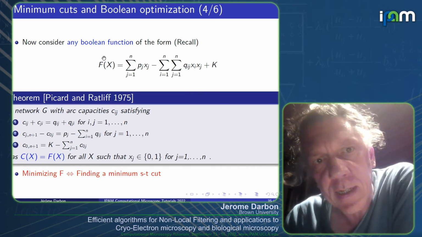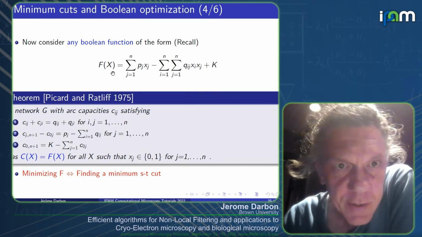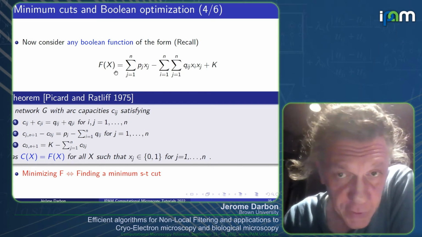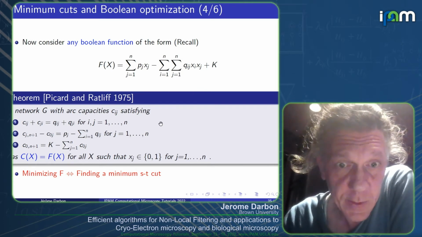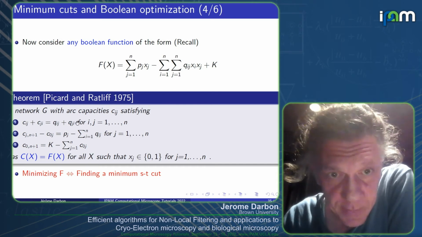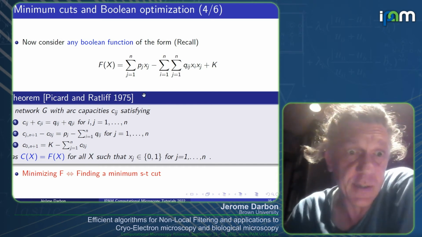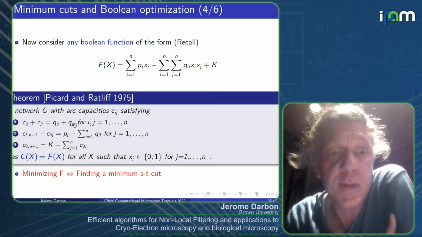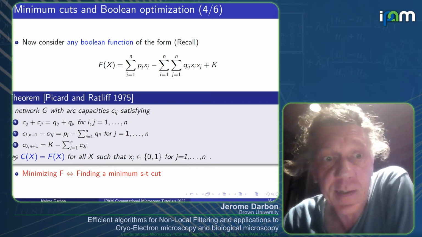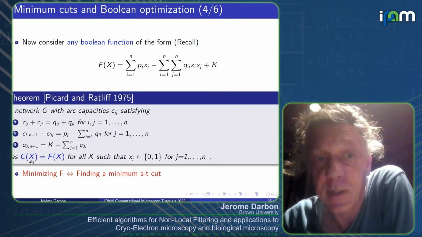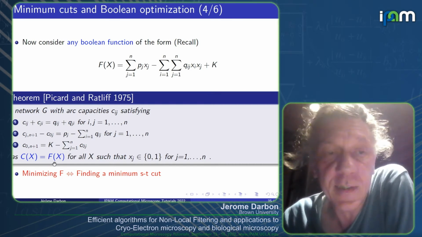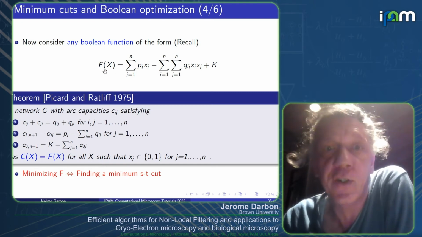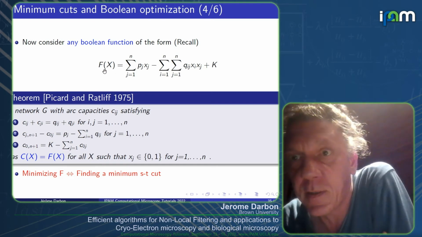So every time you are given a binary function that takes this form, there is a way given by Picard and Ratcliffe in 75 to construct the graph and the capacities such that the capacity of a cut in the graph will be exactly the value of the function that you want to minimize.